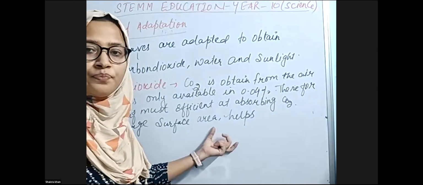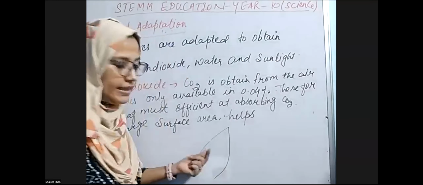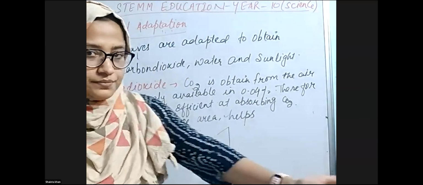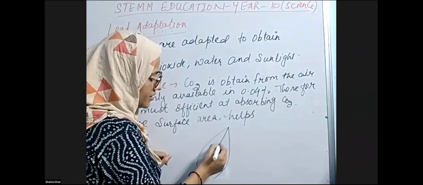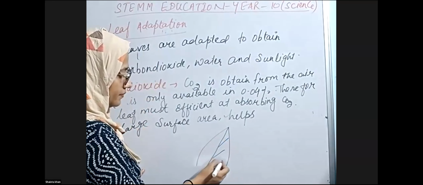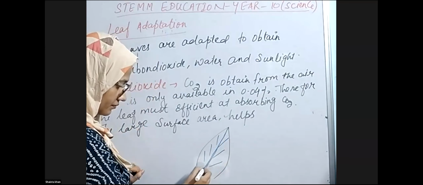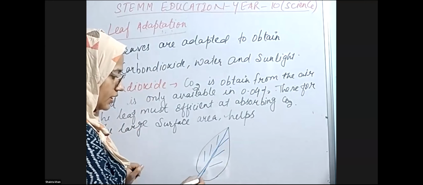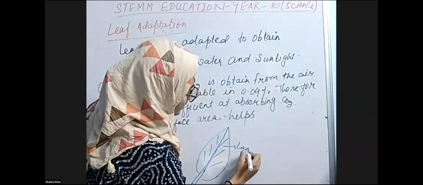Anyways, if you don't know, let me tell you. See, this is the leaf. The basic structure of the leaf, let me tell you. You must have seen it if you have a plant at your home. The broader part is known as lamina.